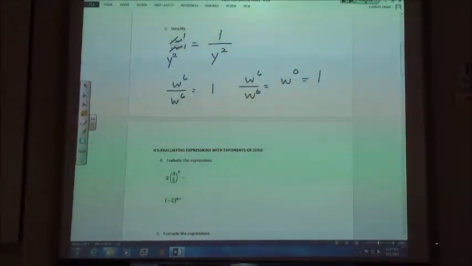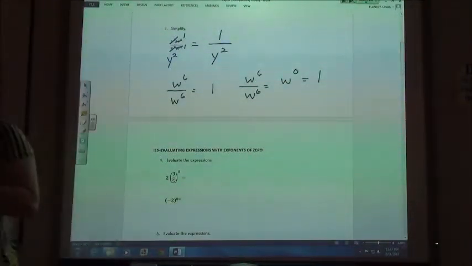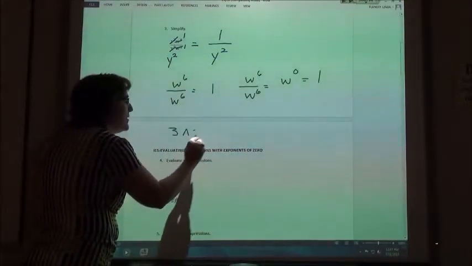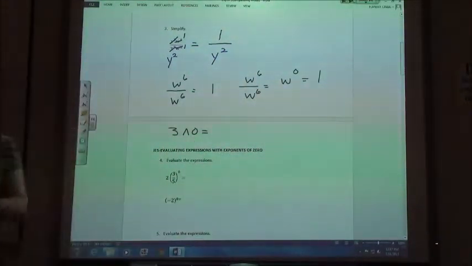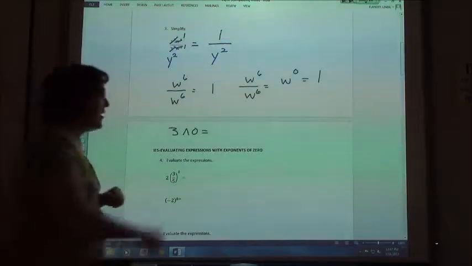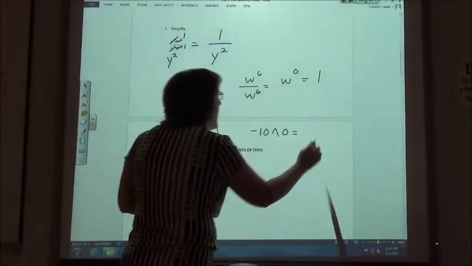So, I'm going to have you grab your calculator just to test out this theory. If you do 3 caret 0, 3 to the 0 power, what do you get? 1. You get 1. If you do negative 10 caret 0, what do you get?